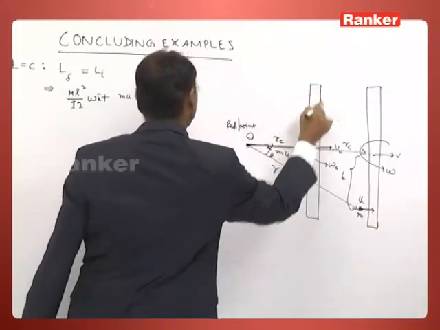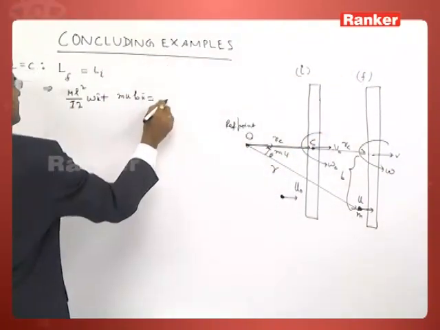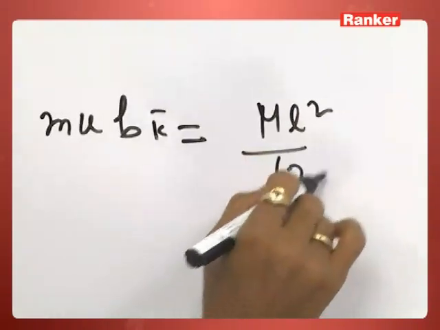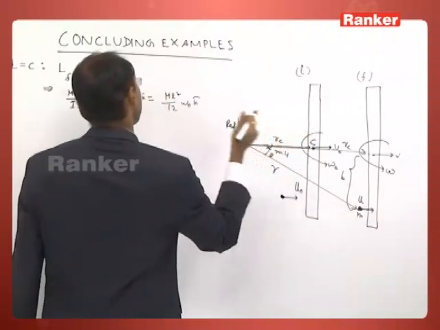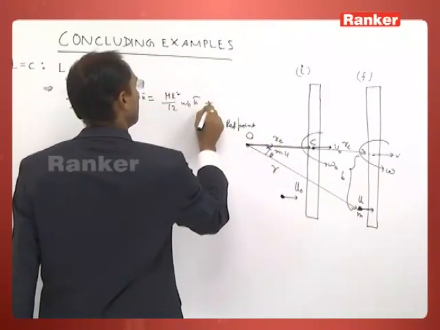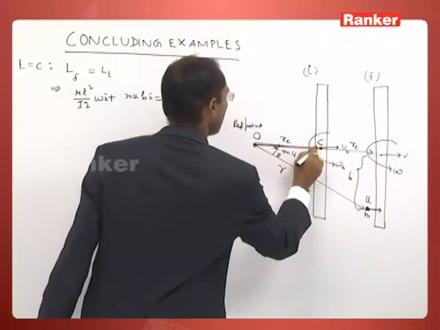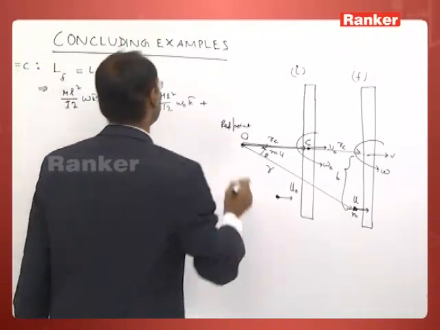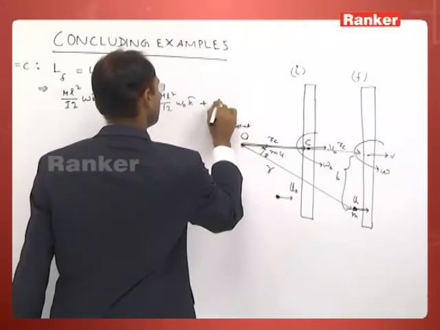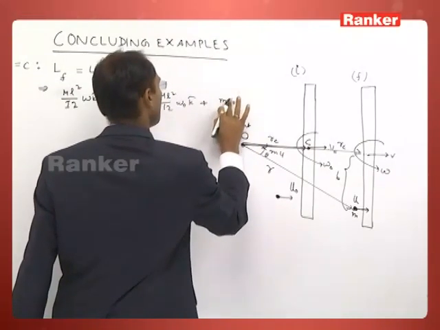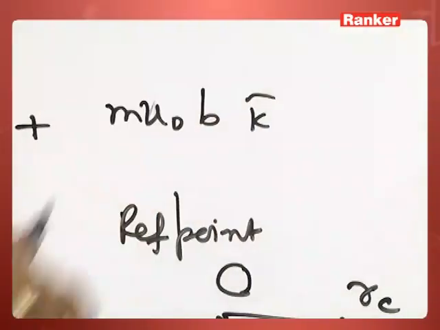Initially, this is the initial condition, the angular momentum of the rod is M L square by 12 into omega naught, taken in the positive z direction, the direction of omega. The orbital angular momentum initially about this point will be 0, and the particle's initial angular momentum about this point is m u naught into b along the positive z direction.